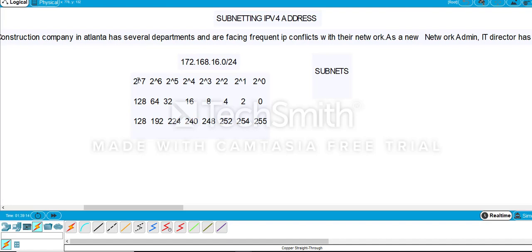IPv4 has 32 bits in the whole IP address, and each octet is 8 bits. Like 172 is 8 bits. If you convert it into binary, you get 8-bit binary numbers that when added up together will give you 172.